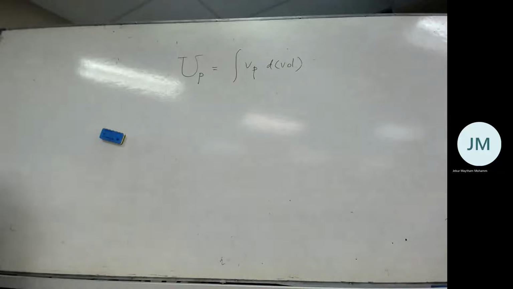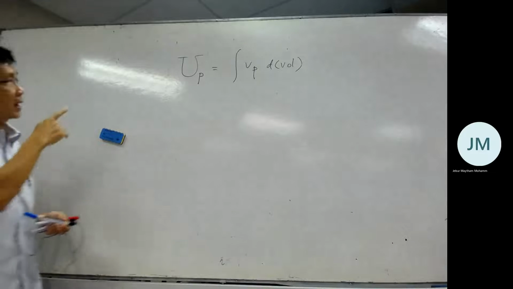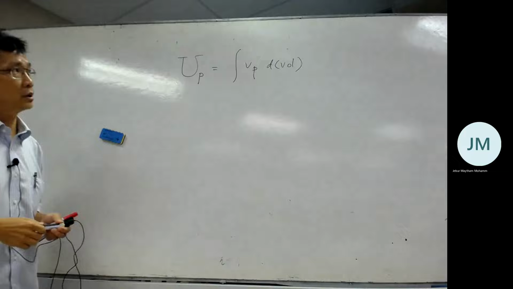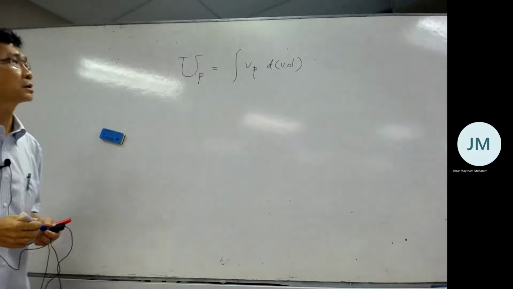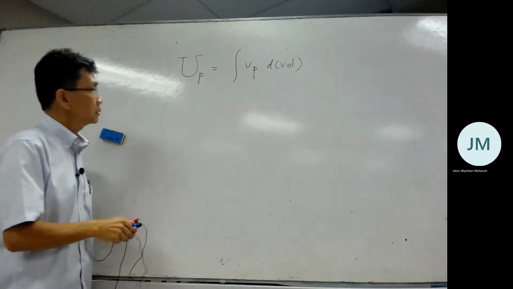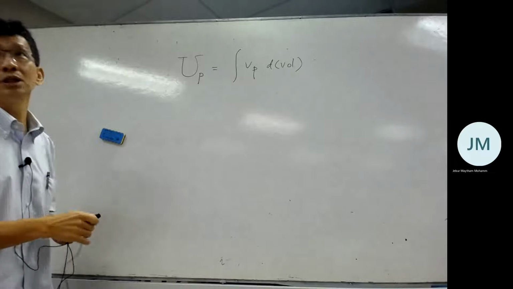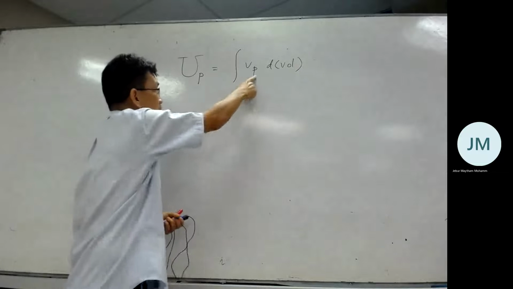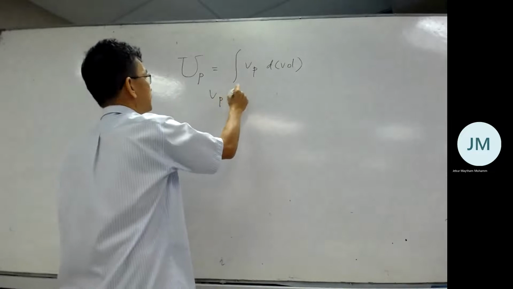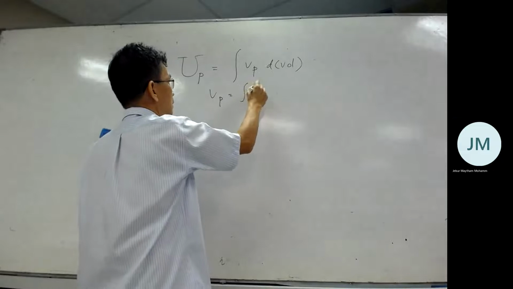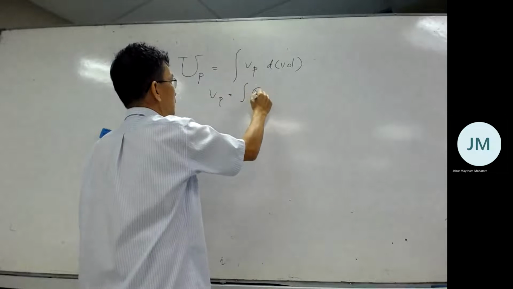Now, next we want to go to bending. The starting equation is still this. You see, this is a very useful general equation, and the strain energy density is also the same, which in general is like this.